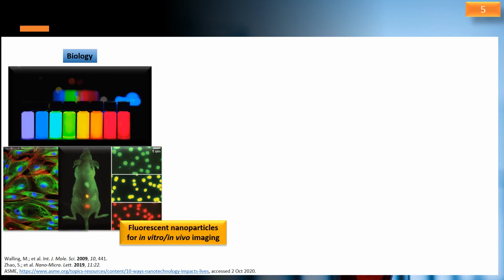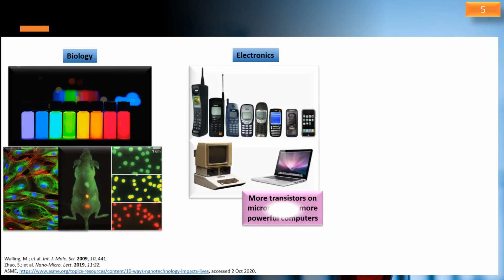So in vitro is just outside of an organism and in vivo is inside of an organism. Electronics, we have more transistors per microchips in our phones and our computers, just to make them more powerful in their processing. So this is why we went from bulkier brick-like cell phones to our sleek touch screen phones.